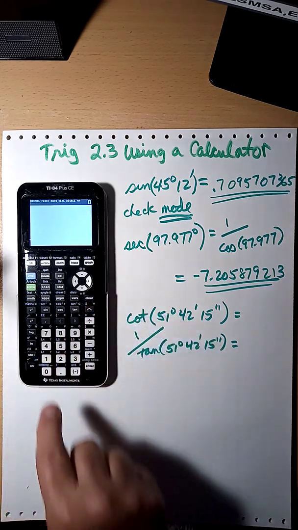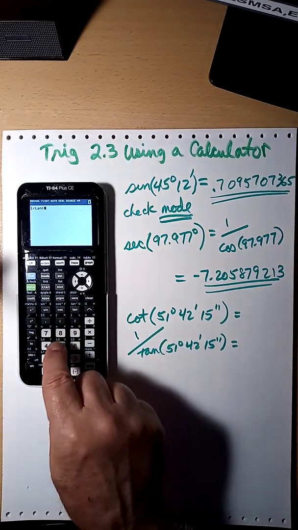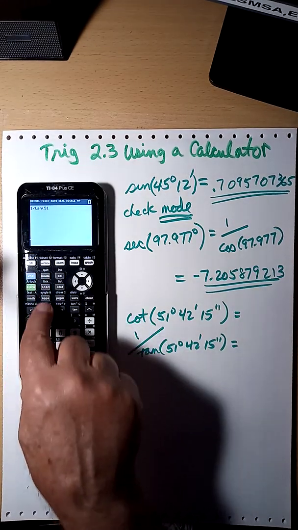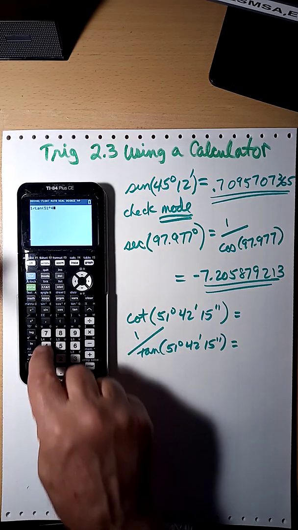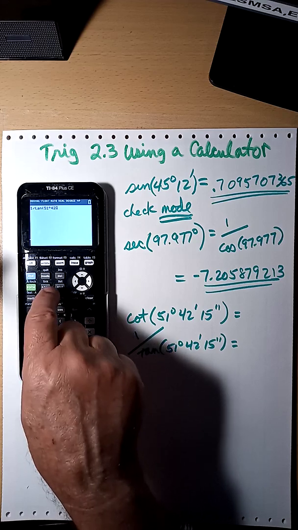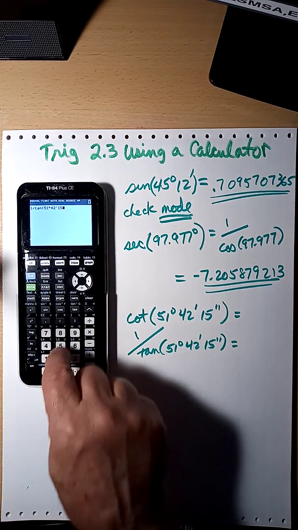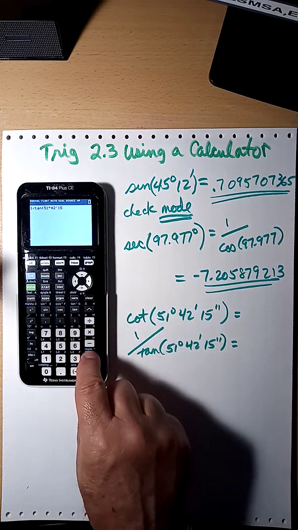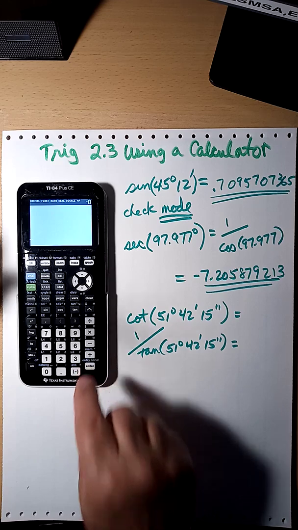Clear this out so we can start fresh. 1 divided by tangent, 51, second angle, go to the angle 1. 42, second angle, go to number 2 for the minutes. 15, alpha plus, to go to the double quote, parenthesis, enter.